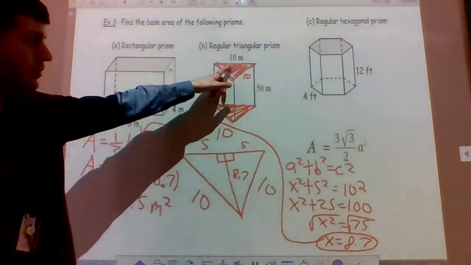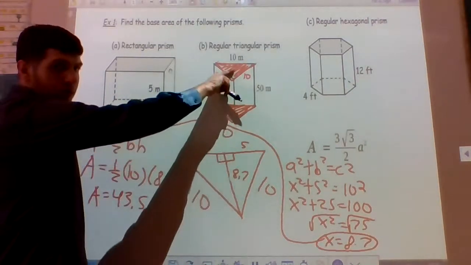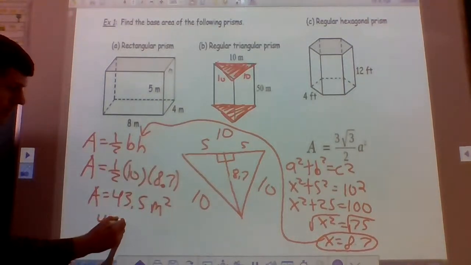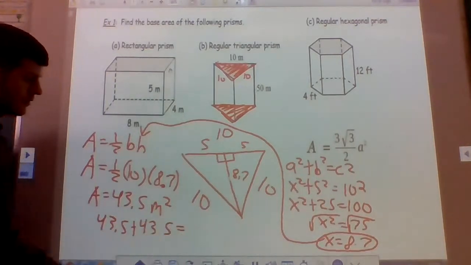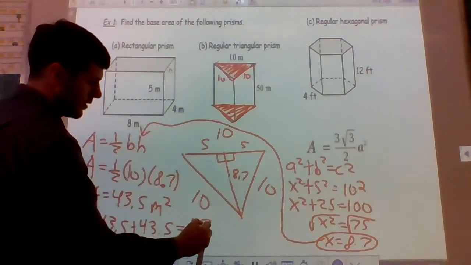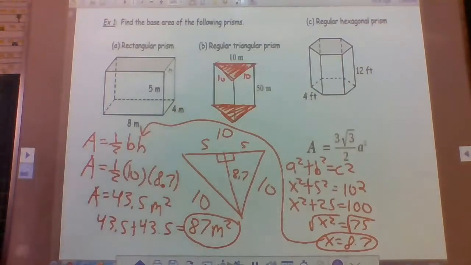So the area of this triangle is 43.5, but there are two triangles, so 43.5 plus 43.5 is going to give us 87 meters squared. I don't know why that took so long. Okay, so the area of the two bases added together is 87.